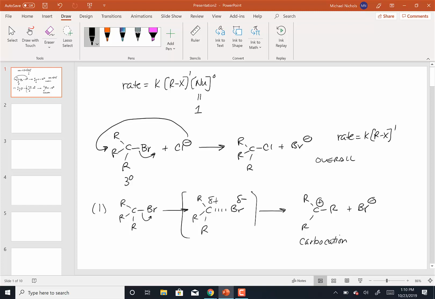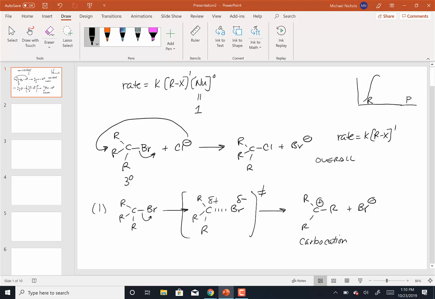And so that would be our transition state for this reaction. The transition state is the peak on the energy curve. As I go from reactants to eventually products over here, each peak is a transition state.